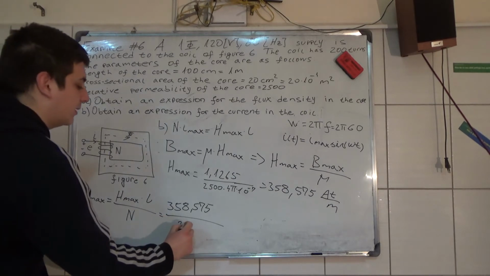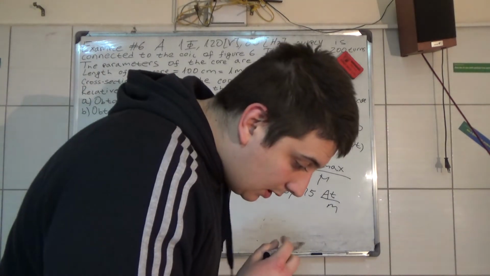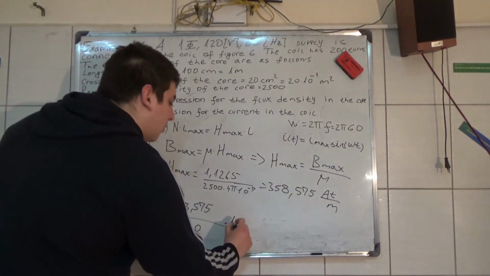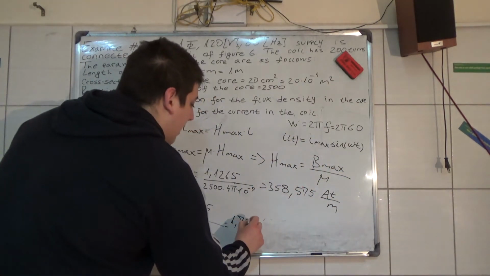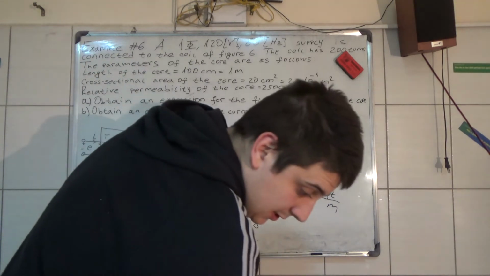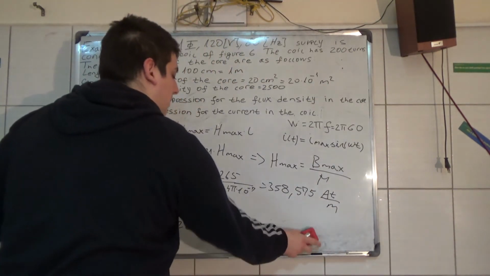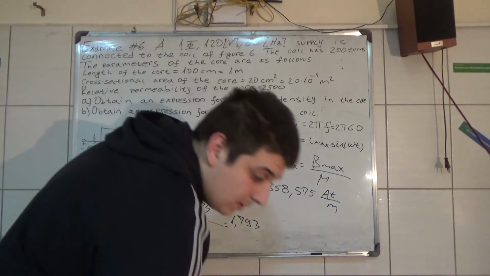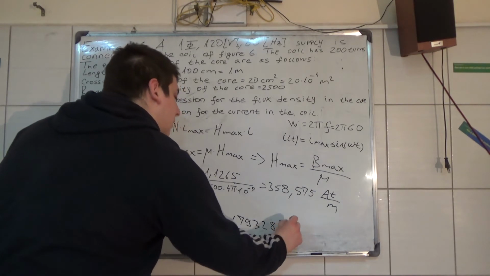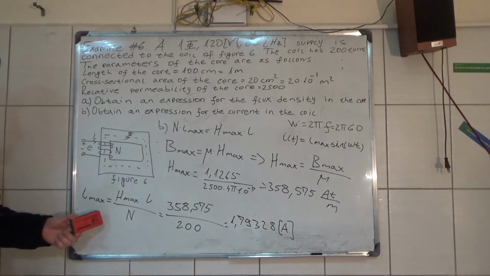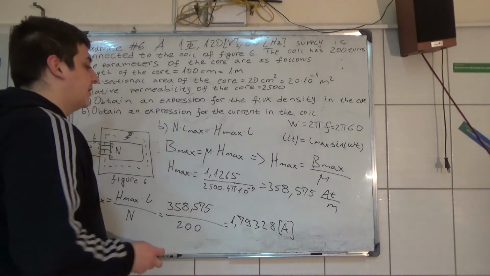We have 200 turns, and we get that the maximum current is 1.79328 amperes.